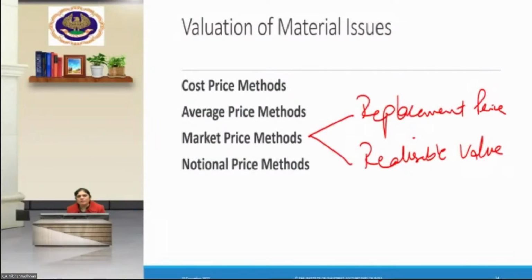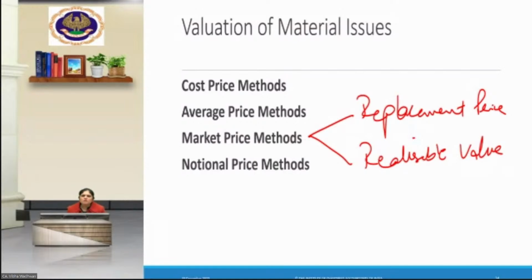It is also kept after taking care of the current price and the future market trends, all the logistics cost, all the transportation cost, and every other cost that is associated. So notional price has nothing to do with the actual purchase price or the actual market price. It is a predetermined rate, and every issue will be issued at the notional price or predetermined rate.